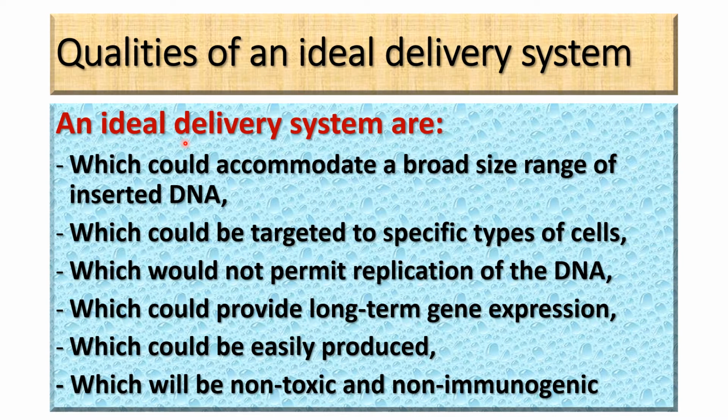An ideal delivery system, first, could accommodate a broad size range of inserted DNA, could be targeted to specific types of cells, would not permit replication of the DNA, could provide long-term gene expression, could be easily produced, and would be non-toxic and non-immunogenic.